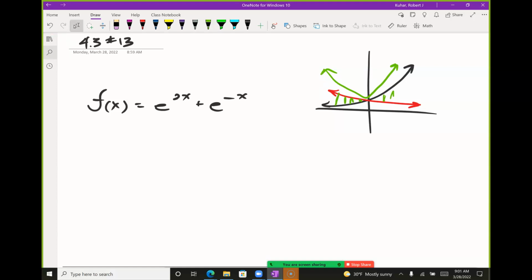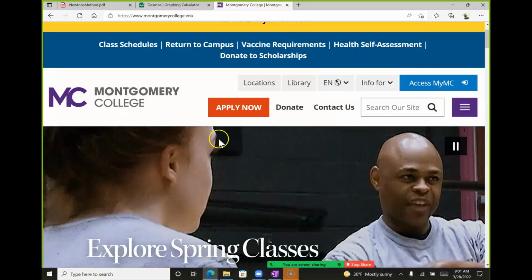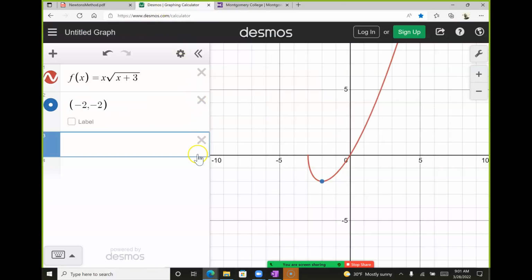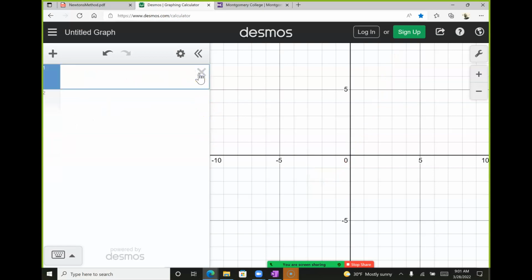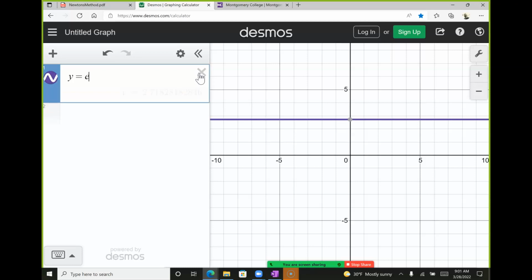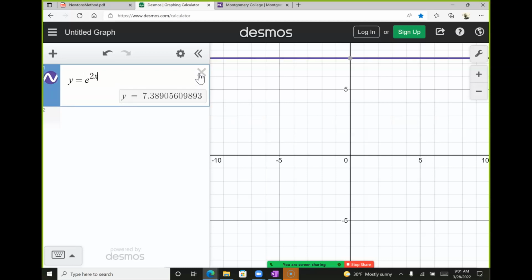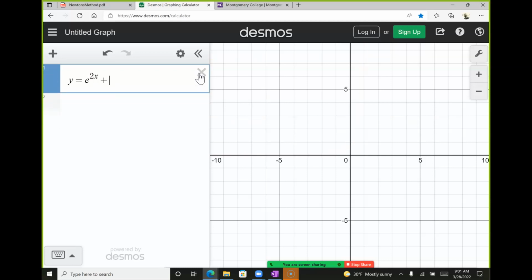And I'm just adding those two values together, but let's not be careless. So y equals e raised to the 2x plus e raised to the negative x.